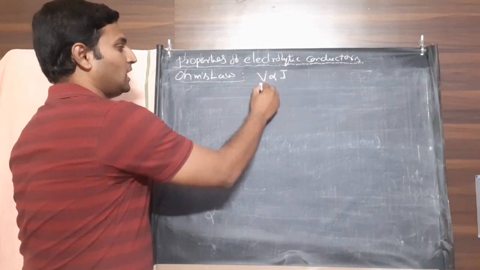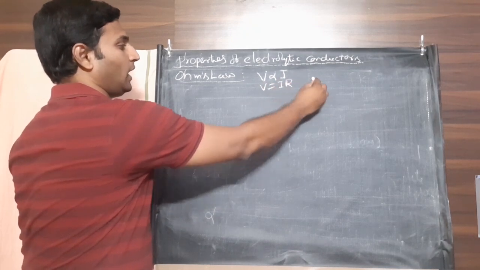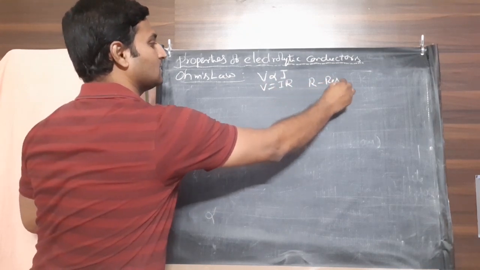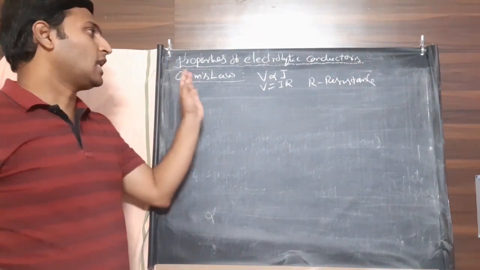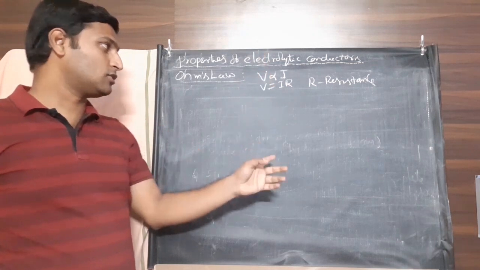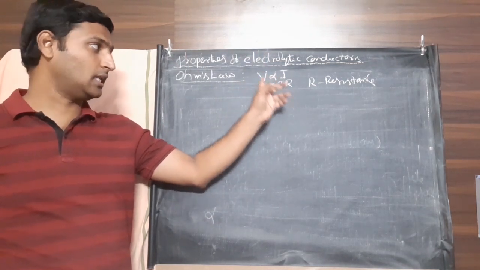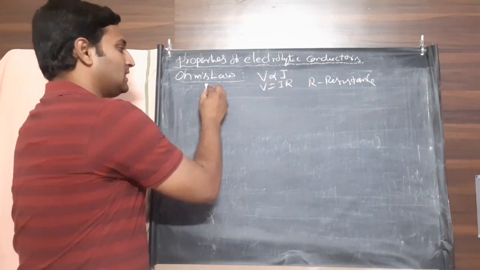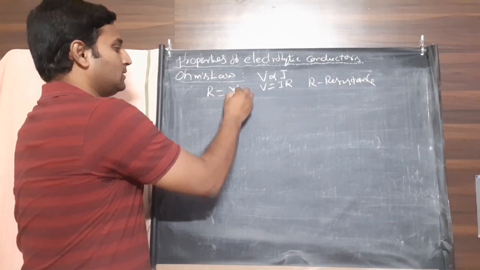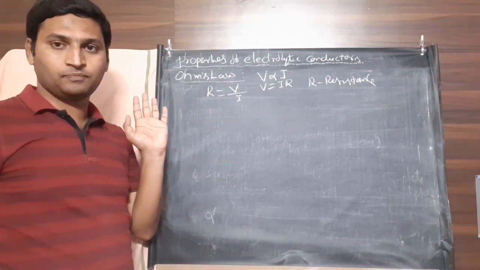To remove proportionality, we introduce a constant called R, where R means the resistance. So for electrolytic conductors also, the potential difference across an electrolytic conductor is directly proportional to the current passed through it. So the resistance of an electrolytic conductor in terms of voltage and current can be expressed as V by I.